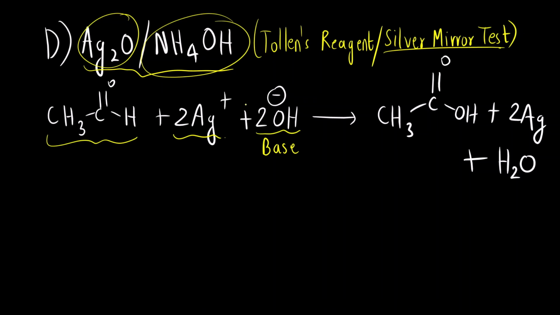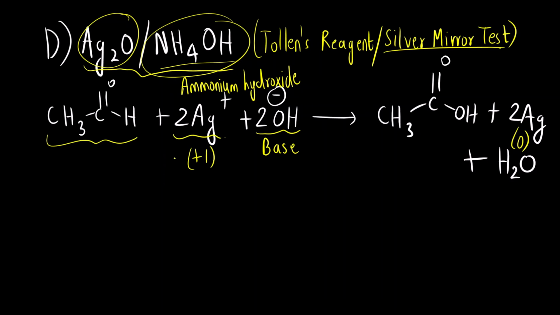Okay, base we will get OH minus or hydroxyl ions from ammonium hydroxide. NH4OH is what? NH4 is ammonium ion. OH is hydroxide. So ammonium hydroxide. So what will happen here is, Ag was in +1 oxidation state. Its oxidation state has reduced to 0.